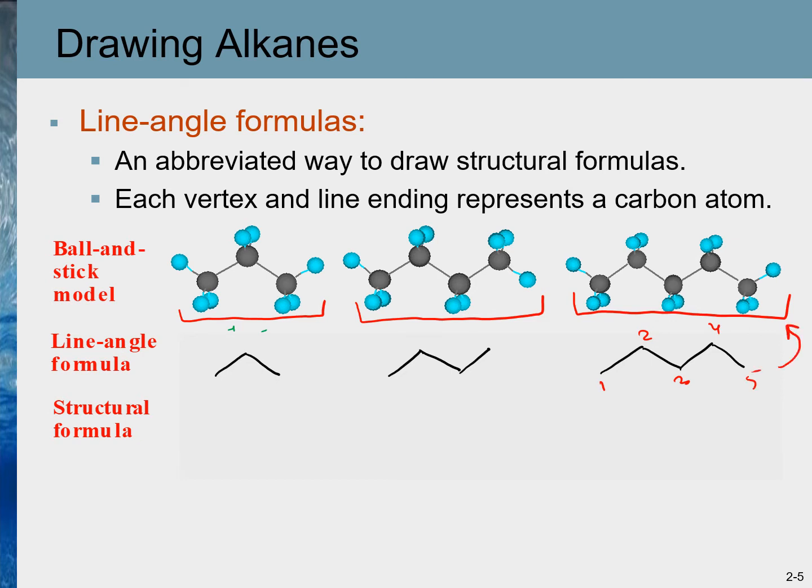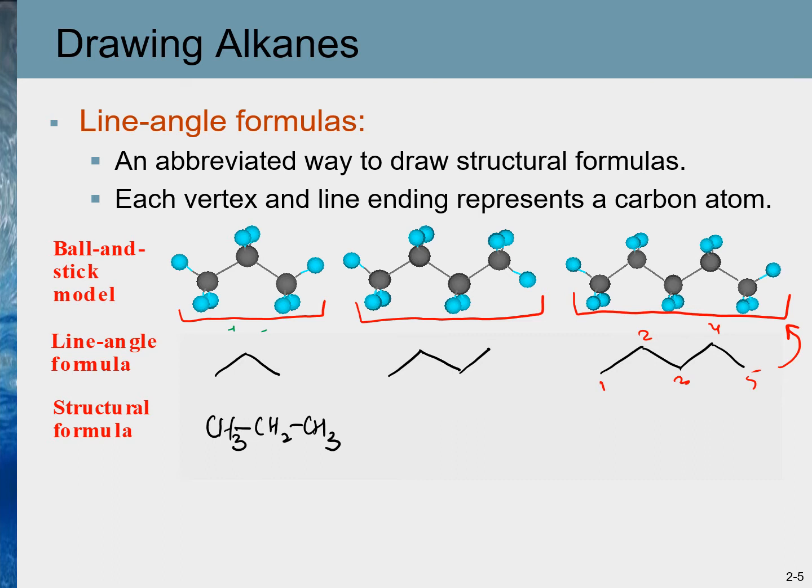And finally, we can also represent the structure of alkanes by using structural formula. In this case, we do not show any bonds. So this would be the structural formula.